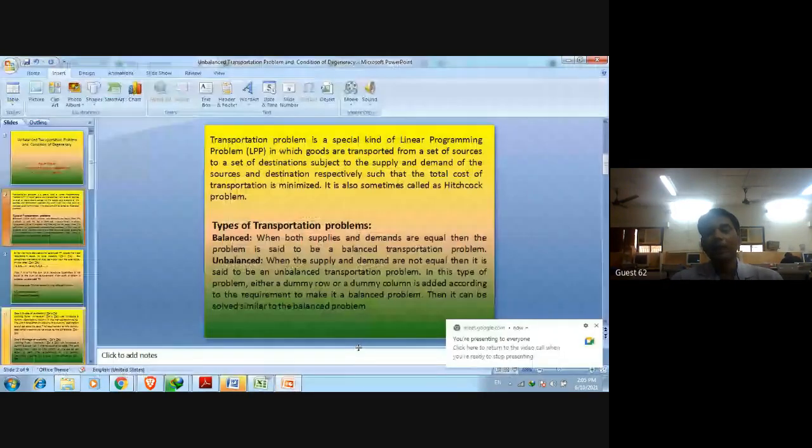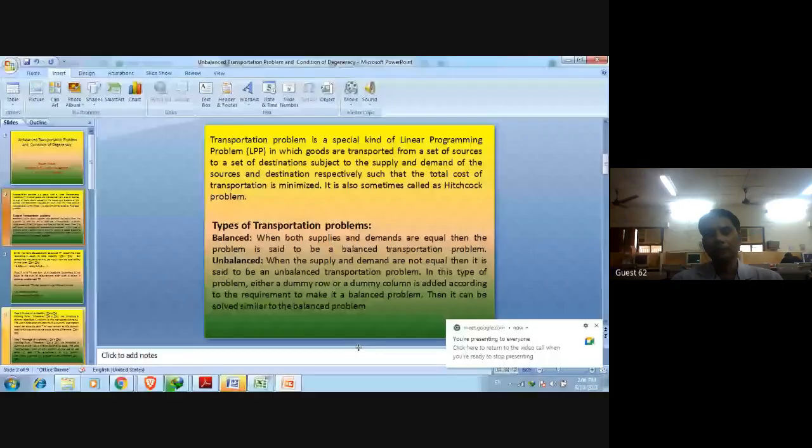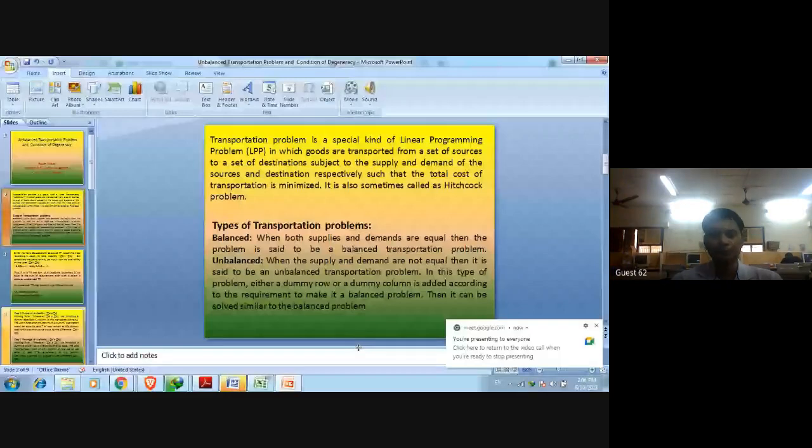After making the unbalanced problem balanced, we will solve it. The process of solving the balanced problem is similar to what I have told you previously. So let us see the condition of the unbalanced problem.